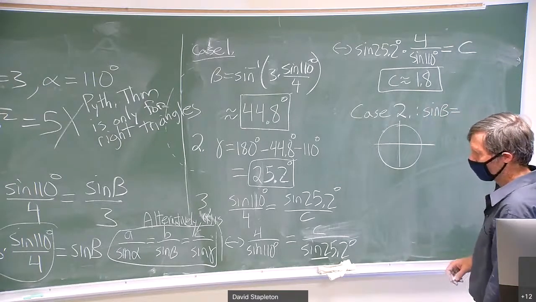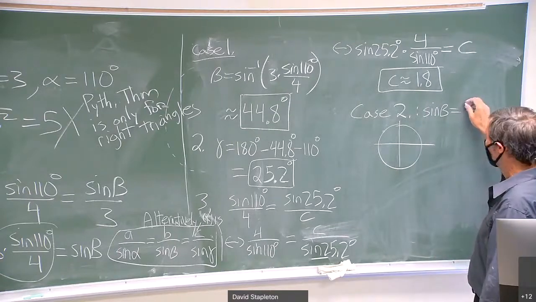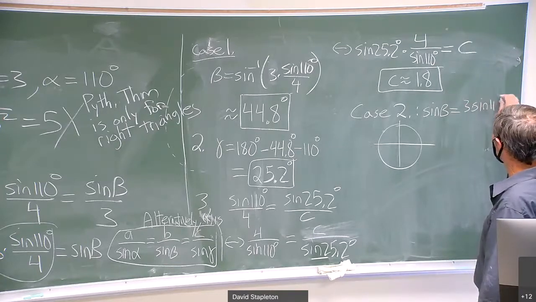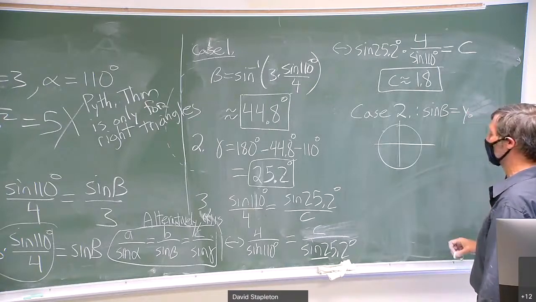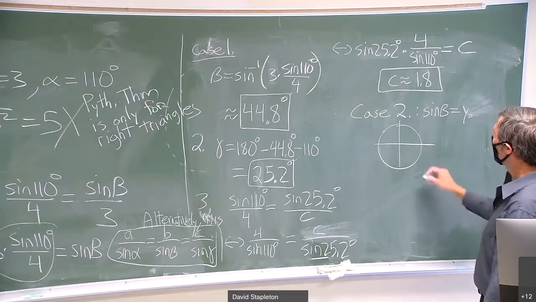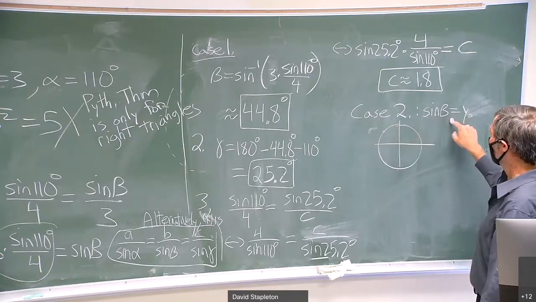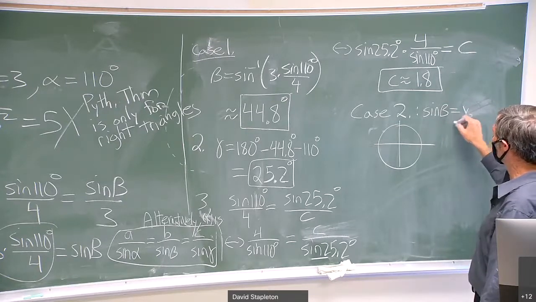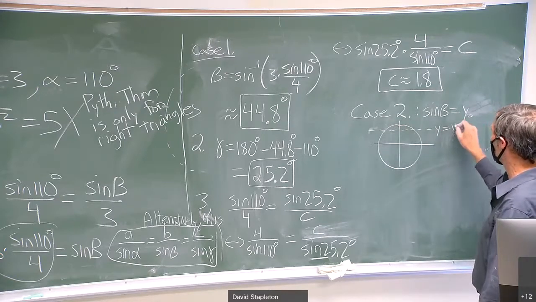In this case, it's 3 times sine 110 degrees over 4. Well, let's just suppose it's some number y0. Suppose that's what the sine of our angle is in case 1. What we said was that one solution is the arcsine. And how we get that is we say the sine of beta is equal to this y coordinate. We draw all points with y equals that y coordinate.